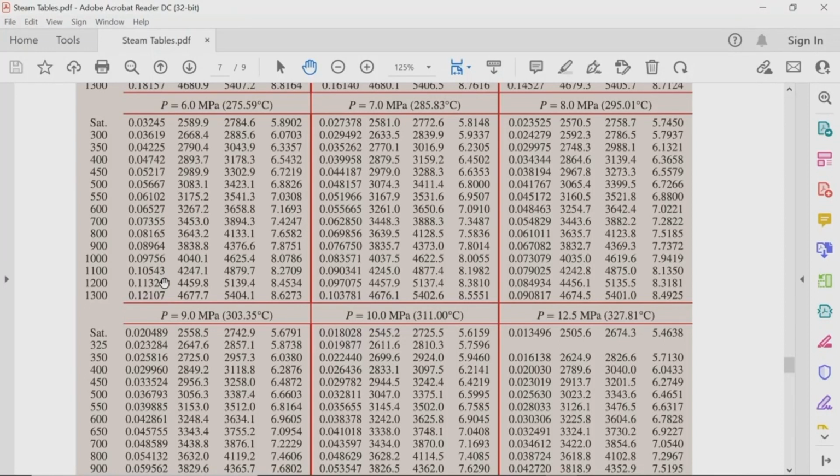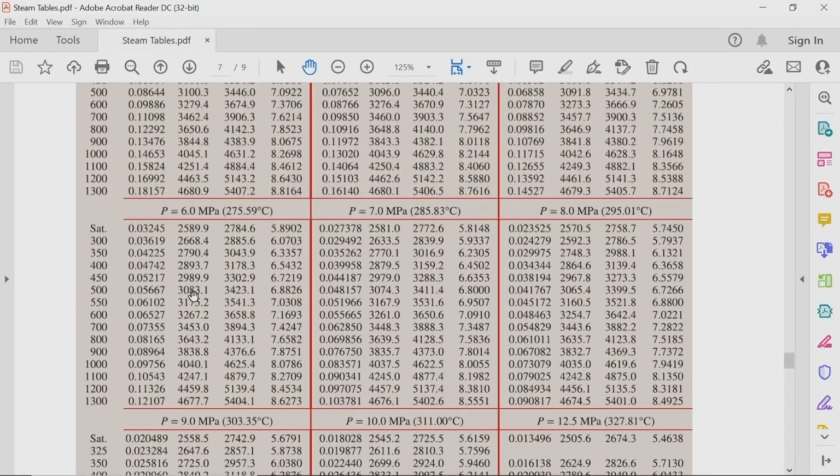The temperature is given, 500 degree Celsius. Now, all these are the several properties.